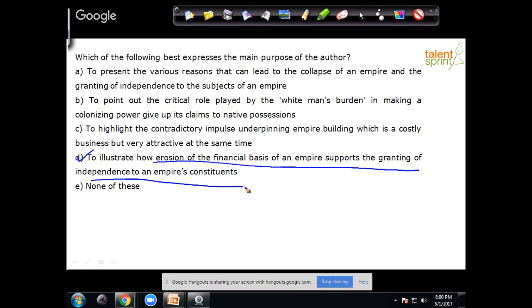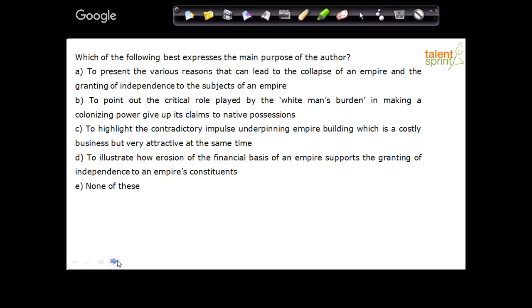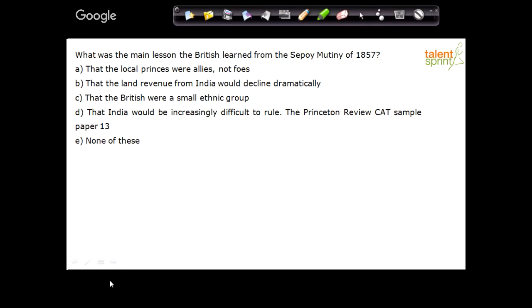Britain could not bear the cost of continuing to expand and build its empire in India, and with a lot of opposing leaders like Gandhiji and others who fought for independence, saying they will create havoc. That was the main lesson the British learned from the Sepoy Mutiny of 1857.